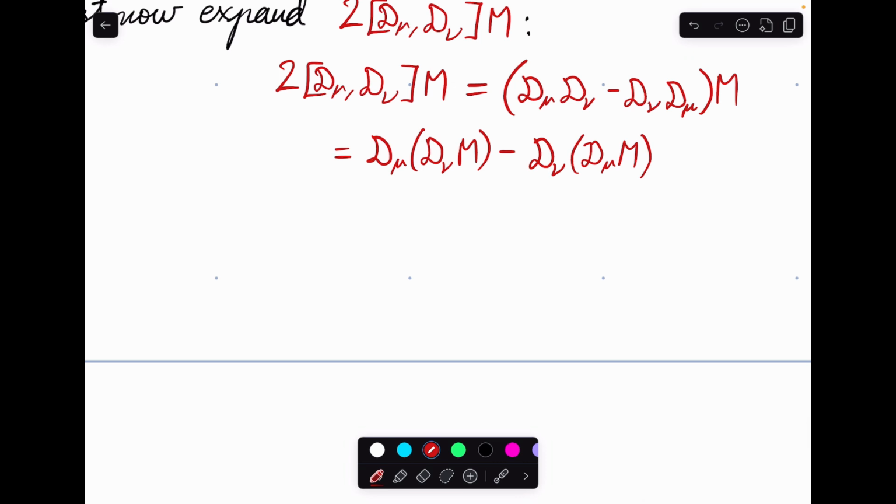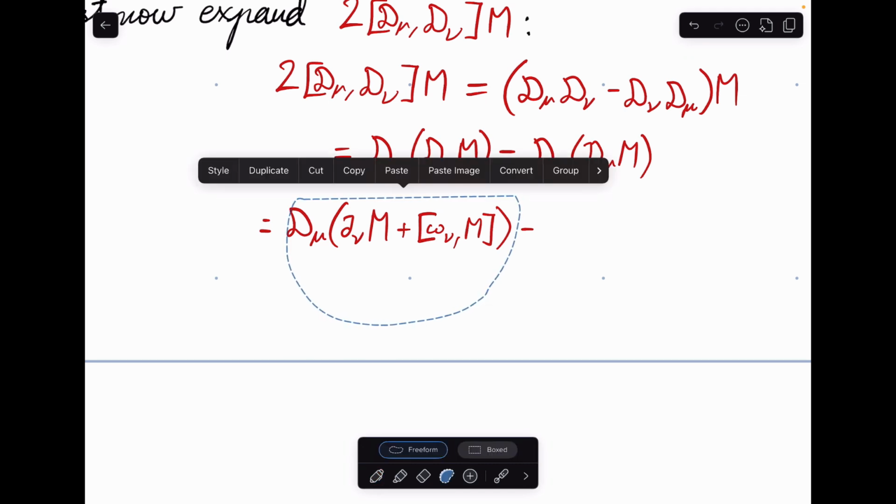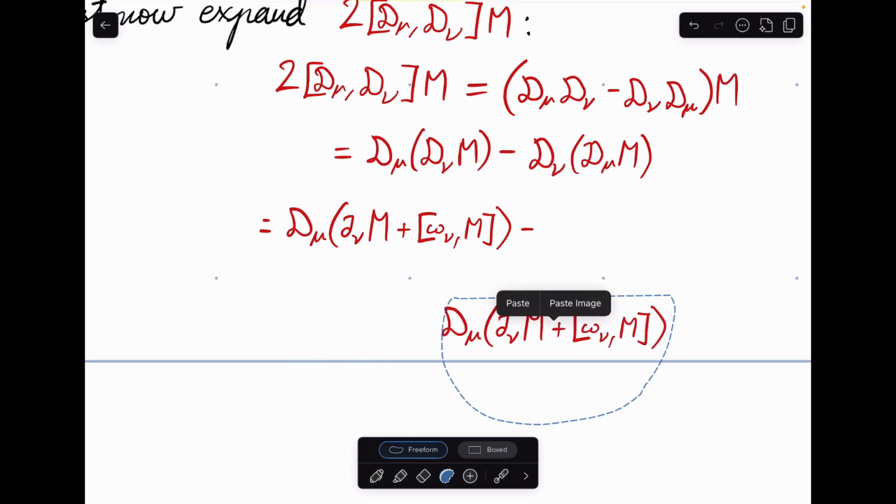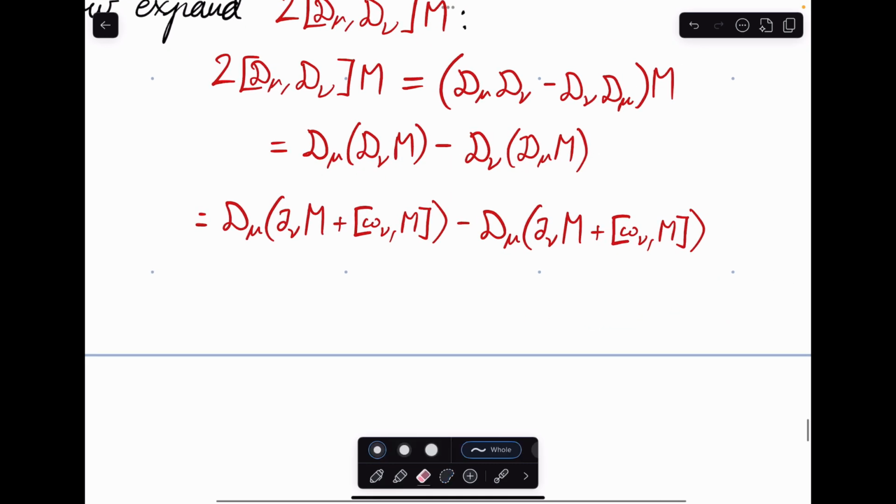Okay, so now we can plug in the definition of the covariant derivative for both of these. So we're going to have d mu acting on partial nu M plus omega nu M, minus, and I'm just going to copy this whole thing and change the coefficients, so now it's nu mu.